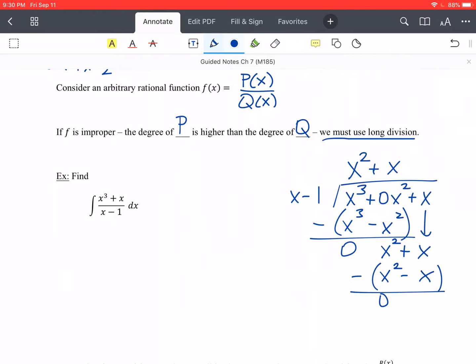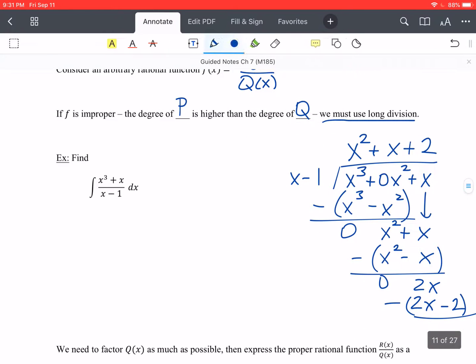So we get 0, and this gives us 2x. Again, x goes into this, that's just a 2 now. So we get 2x minus 2. And then subtract that, so it just leaves us with a positive 2 when all is said and done.